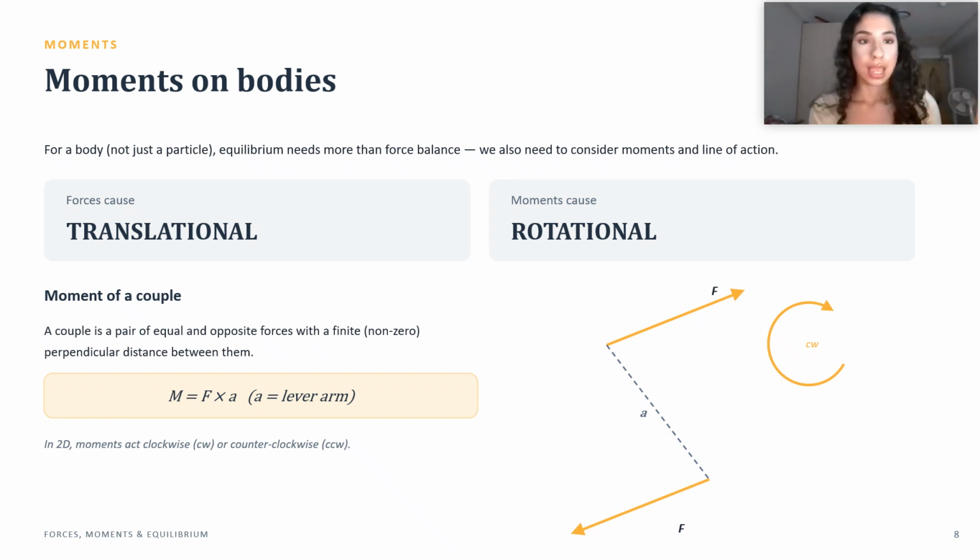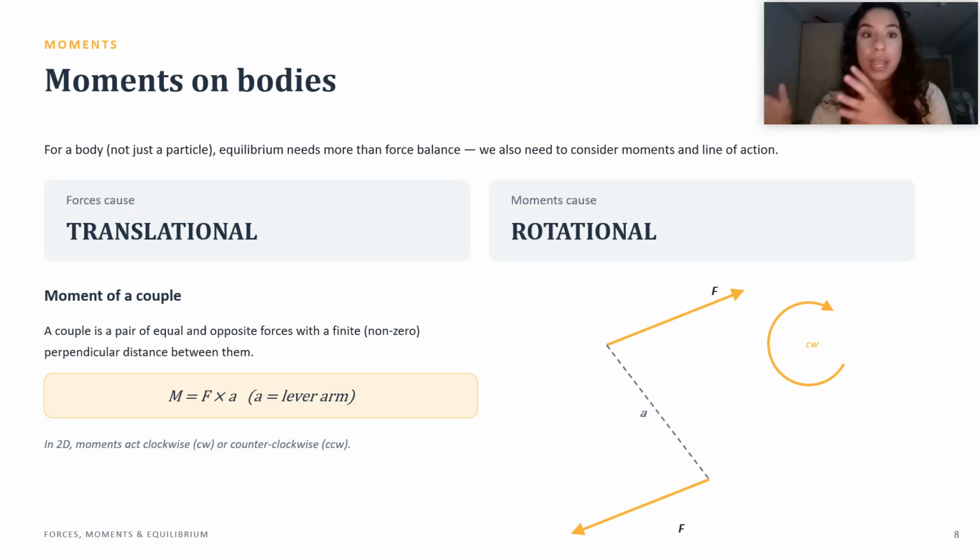You put your weight on that seesaw, and the weight is the force, your mass times gravity. If you multiply that by the distance you are from the pivot, then you get the moment.